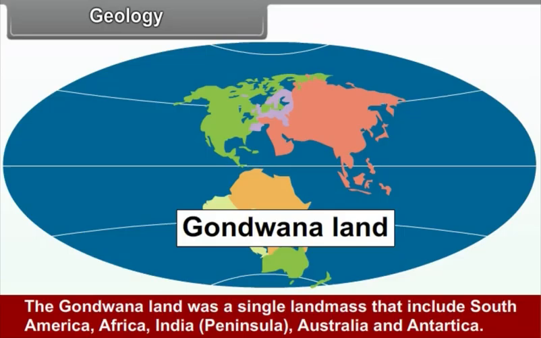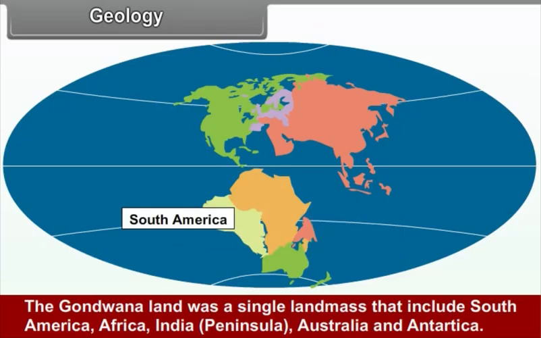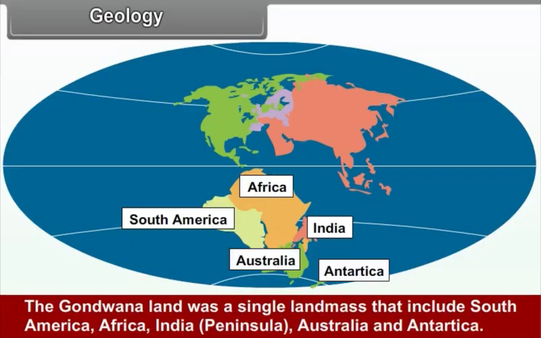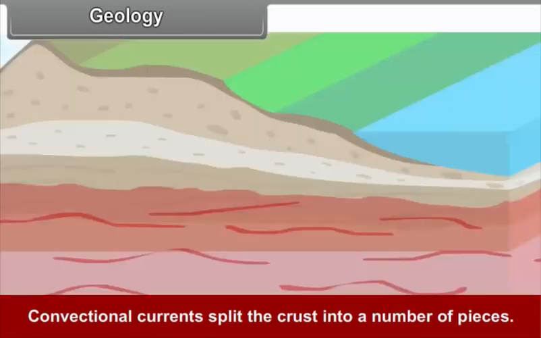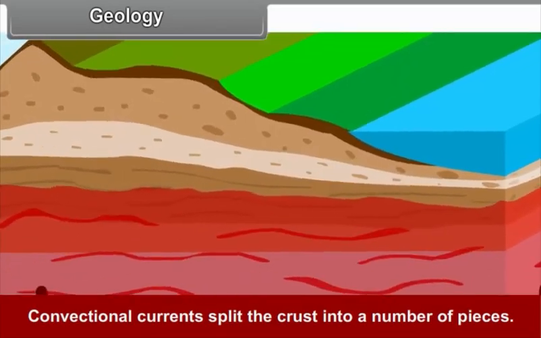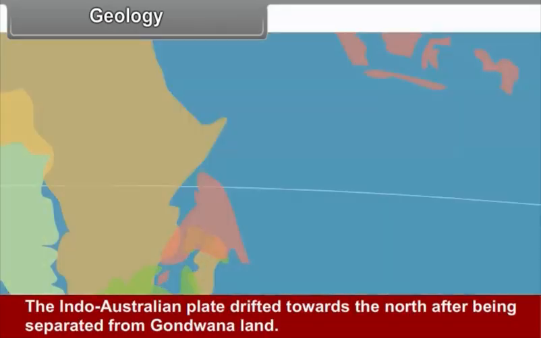Gondwanaland was a single landmass that included South America, Africa, India, Australia, and Antarctica. Convectional currents split the crust into a number of pieces.